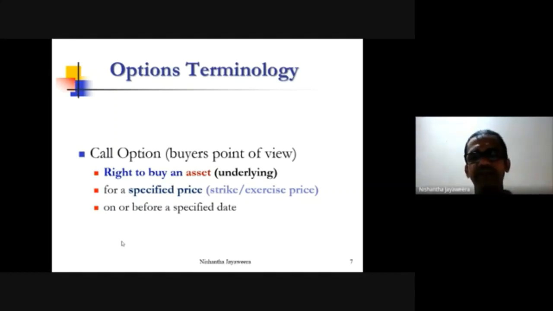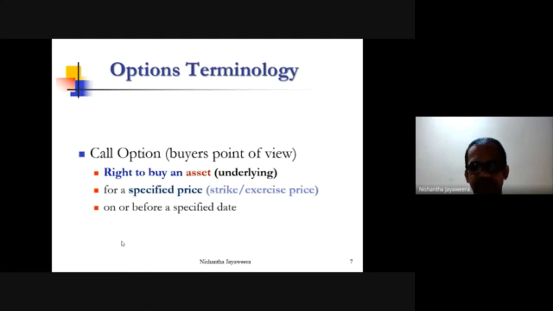Depending on that, we can group options into two categories. The first one we call the call option. The other one is the put option. Those are the two categories, depending on what right the buyer gets.